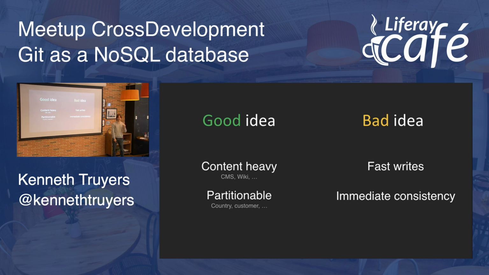Obviously there's a bit of a delay in that synchronization. So if you use Git and you want good query performance, then you're going to have to deal with eventual consistency. That eventual consistency might be 1 second, or it might be 30 seconds or even more, depending on what you're trying to do. But you have to deal with it.